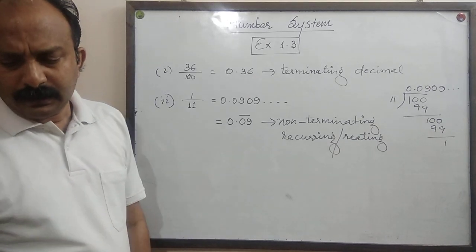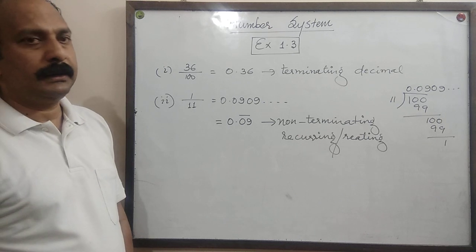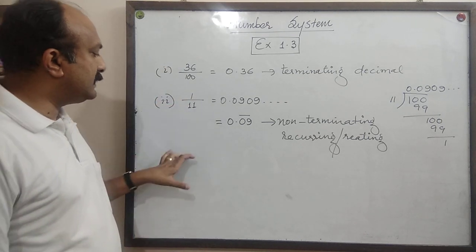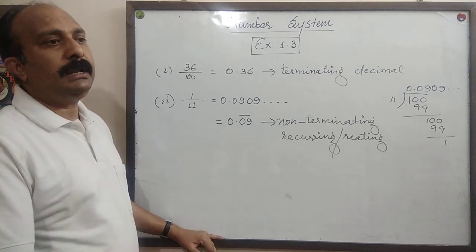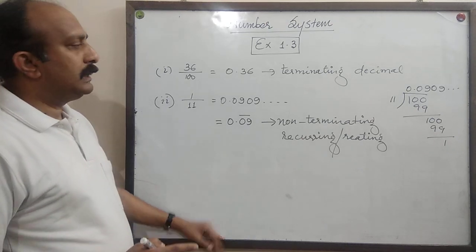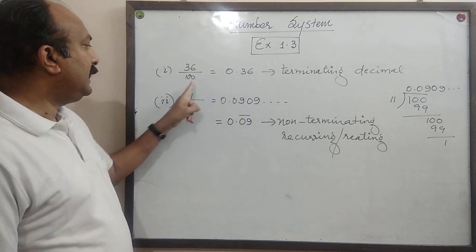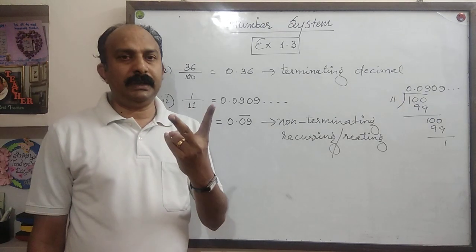Now you have 4 more questions given in this question number 1. Everywhere you are given numbers in rational form. So now we can conclude the decimal form of any rational number can come in 2 ways.